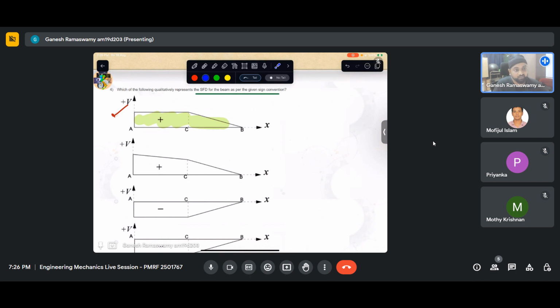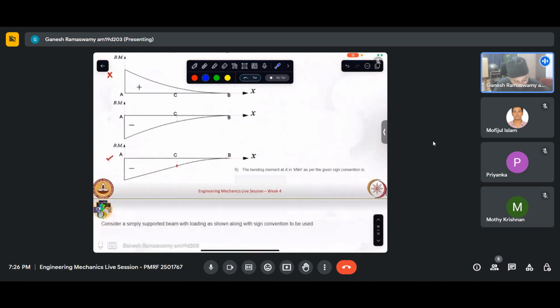Now as my x increases in this direction, my shear force keeps on reducing from a positive value to 0. At x equal to 7.5, I have some positive shear force. That goes to 0 as I proceed in the x direction. What it implies is the slope of the bending moment diagram at C is some finite positive value, and its slope decreases to 0. Can we see if that is the case?